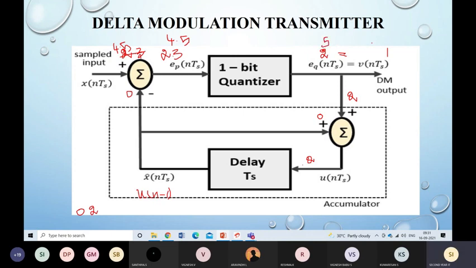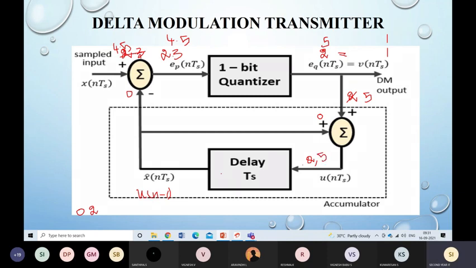So it is a positive value, so again I'm going to transmit 1. Already u of (n minus 1) Ts was 0, so 0 plus 5, again you will get 5 here.